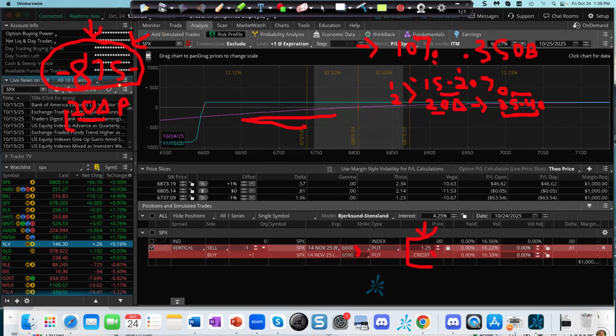I just rounded it to $90. So if I sell it for a $1.25 credit and I buy it back for a 35-cent debit, then I made $90 divided by 875, which would be 10%.